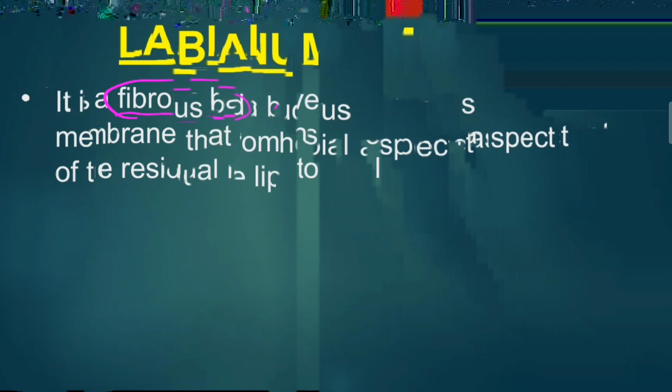We can see in the diagram. This is a denture. This is the alveolar ridge. This is our suture for the hard palate.